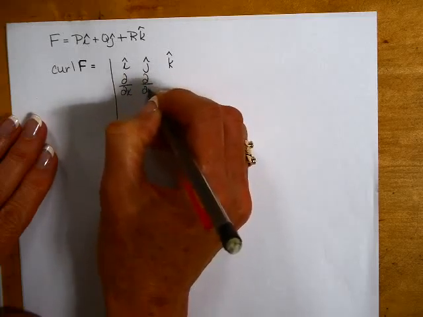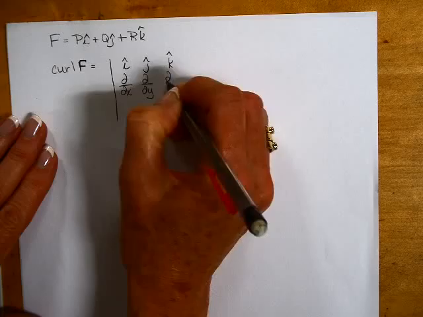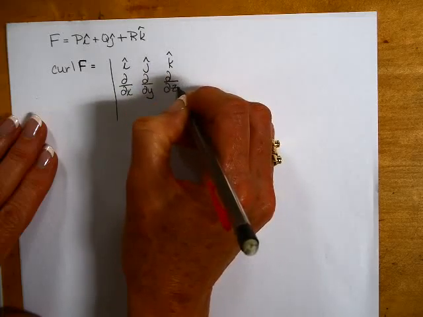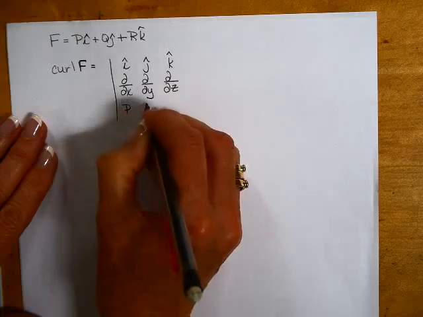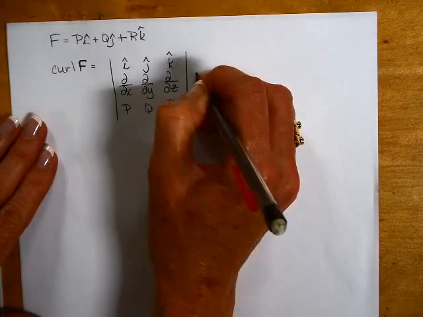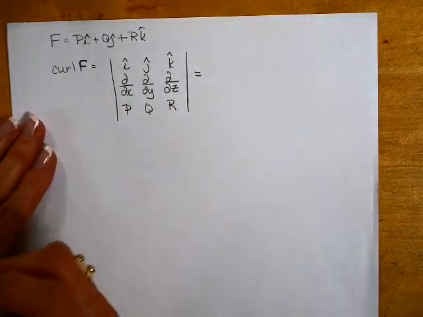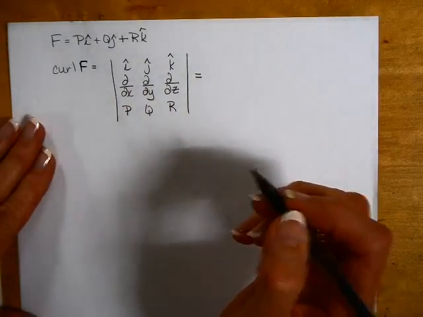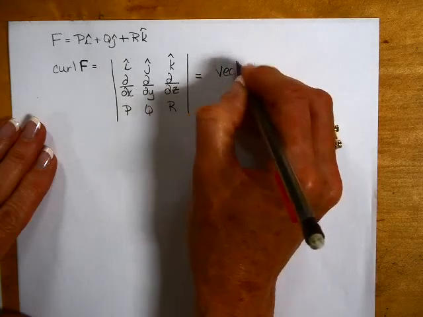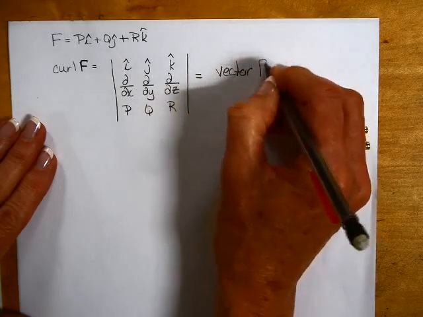Right here you put the partial with respect to y. Right here you put the partial with respect to z. Then you put P, Q, and R down there, and you calculate that determinant. And I'll show you that in a minute. And you're going to get a vector field.